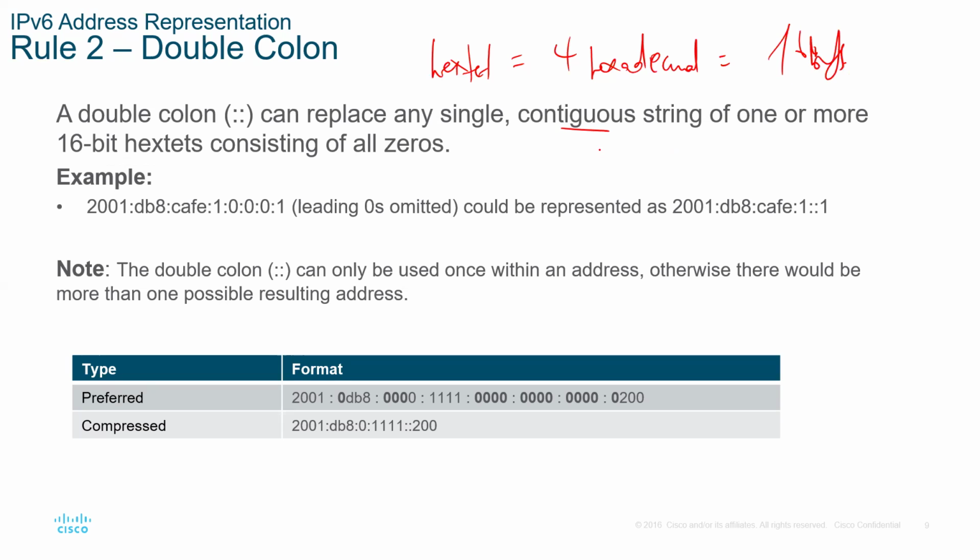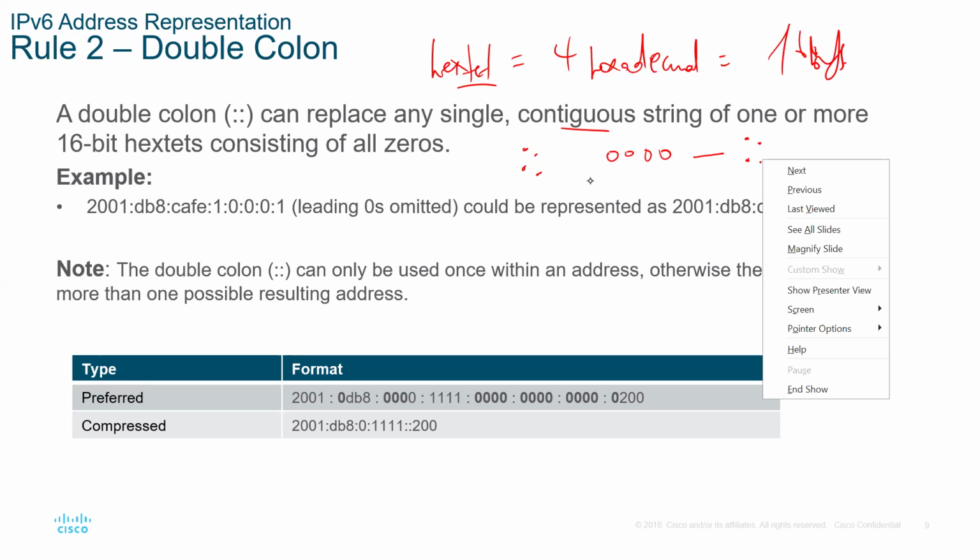So if you have a string of zero hextets, you can replace it with a double colon. This can be replaced with a double colon, but only a continuous string.